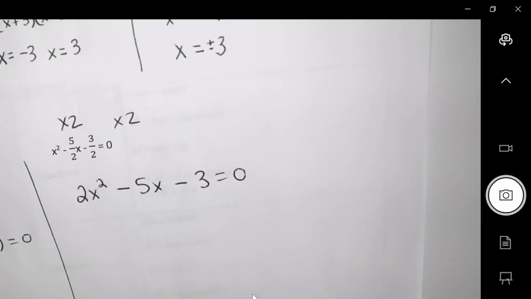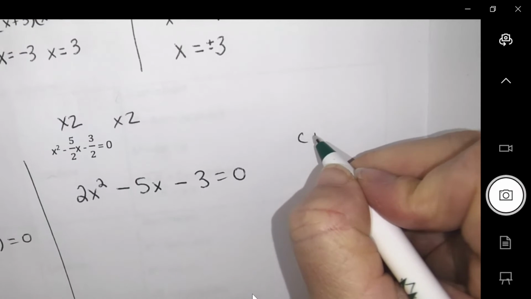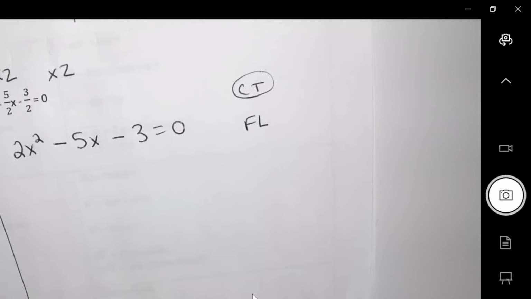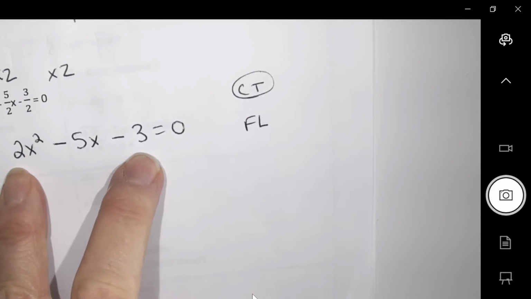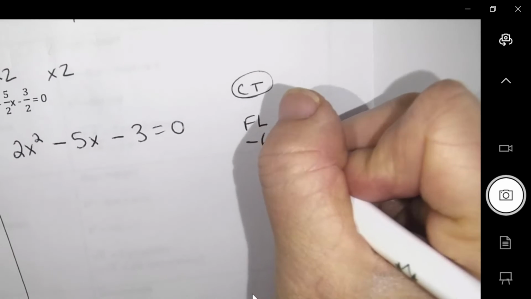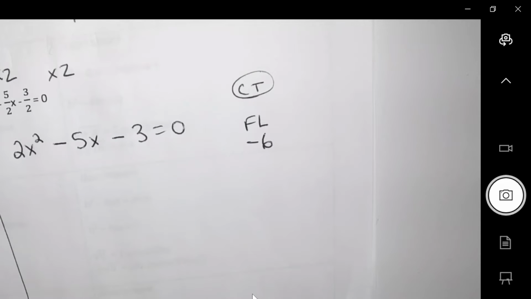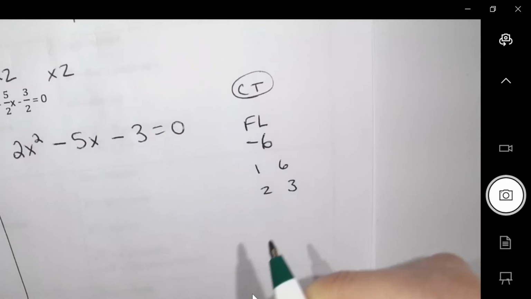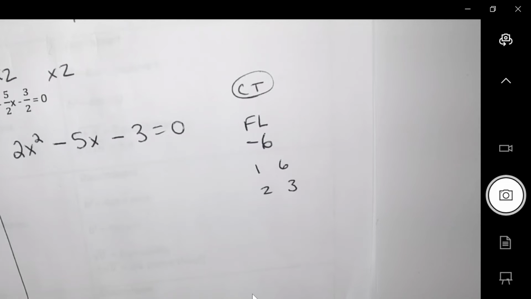Now I go through the process. What do I recognize? I see a complex, so I can flow that. So if the first times the last makes a negative 6 number, I could do 1, 6 or 2, 3. Oh, this is an awkward one again.